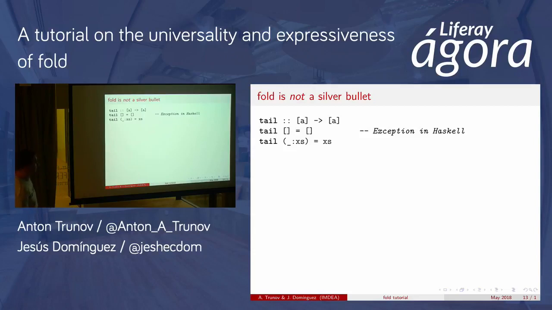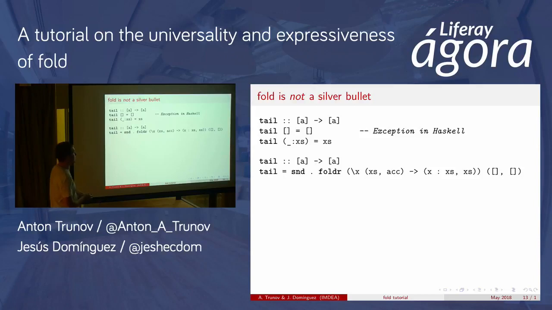In Haskell, actually, this function just raises an exception, right? But for the sake of simplicity, we will say, okay, the tail of the empty list is empty. It's our agreement, okay? It's not a recursive function, by the way, right? But how do we implement it using foldr?